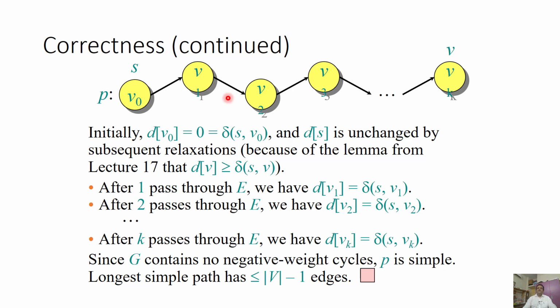So, this way, that is why we have to go for maximum order of v times, because there is no negative cycle. So, if there is a cycle, that will be a positive cycle. Positive cycle we can ignore, because this is a minimum shortest path. So, this path is a simple path. There will be no repetition, because if there is a cycle, that will be a positive cycle, we can ignore that.